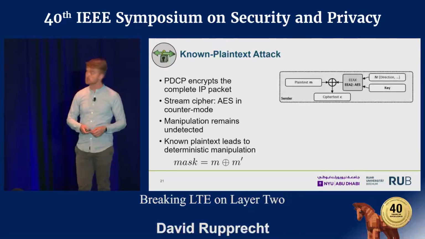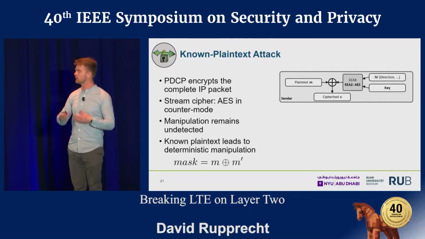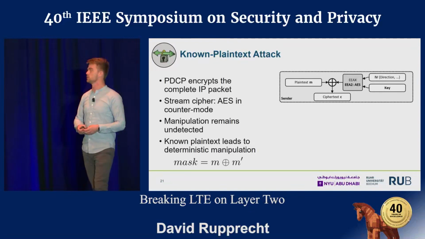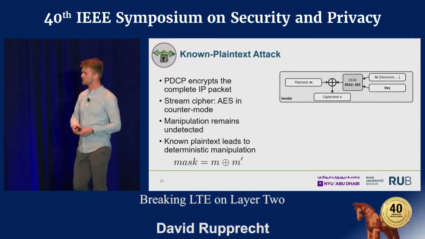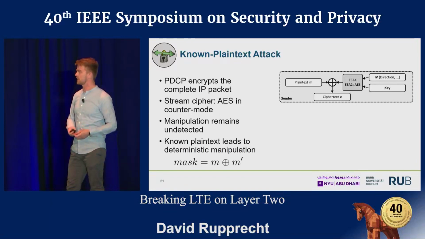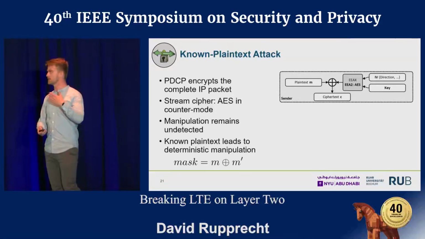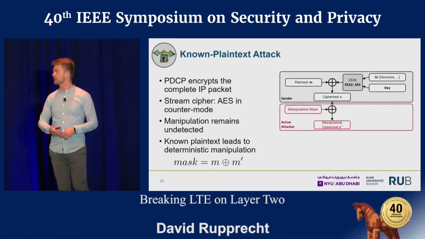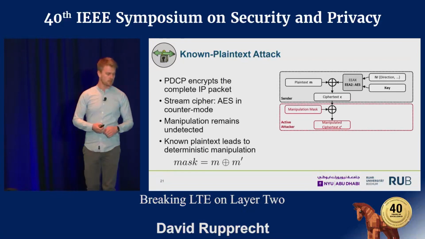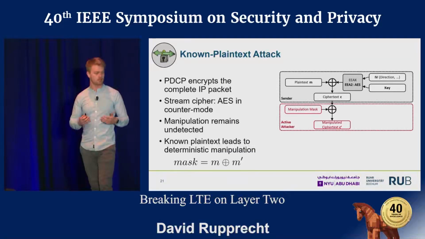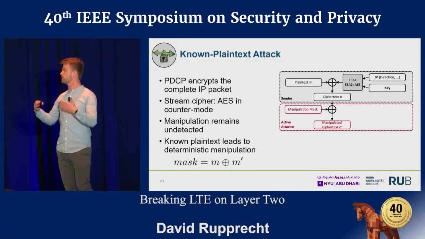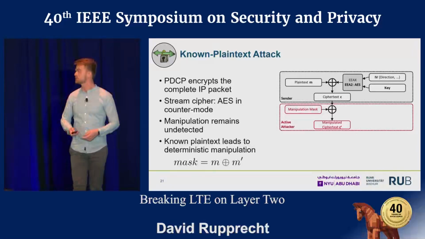We use a stream cipher mainly in commercial networks. This is often AES in counter mode, a simple stream cipher where we XOR the key stream with the plaintext and get the ciphertext out of it. The sender sends the ciphertext, and this might be intercepted by an active attacker. The active attacker can now modify the ciphertext by simply XORing some mask onto it and forward the manipulated ciphertext to the receiver.